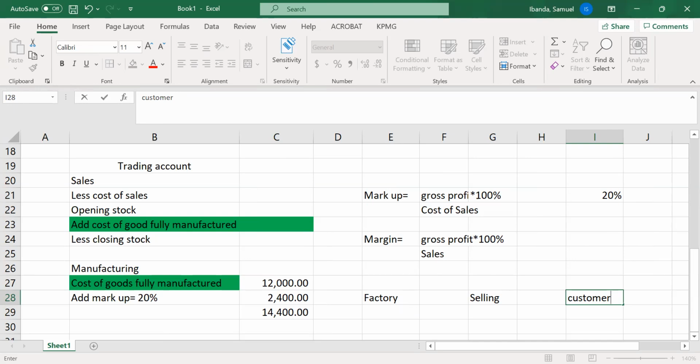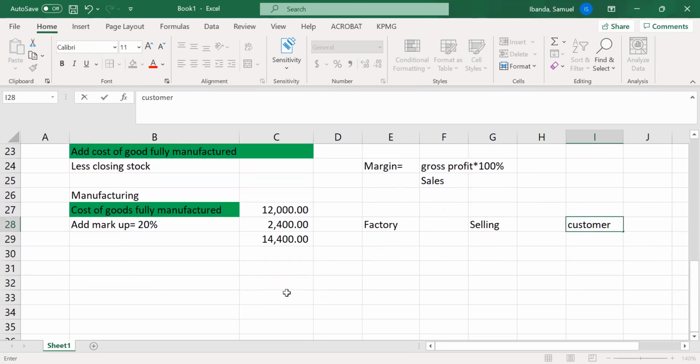Because you have two things: the opening stock and the closing stock. Let me give you an example. Apologies to those that are aware of this. Let me use inventory. Finished goods.